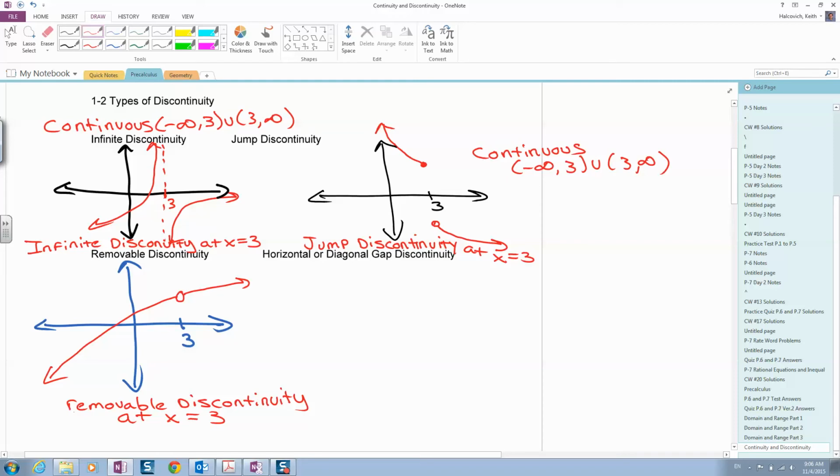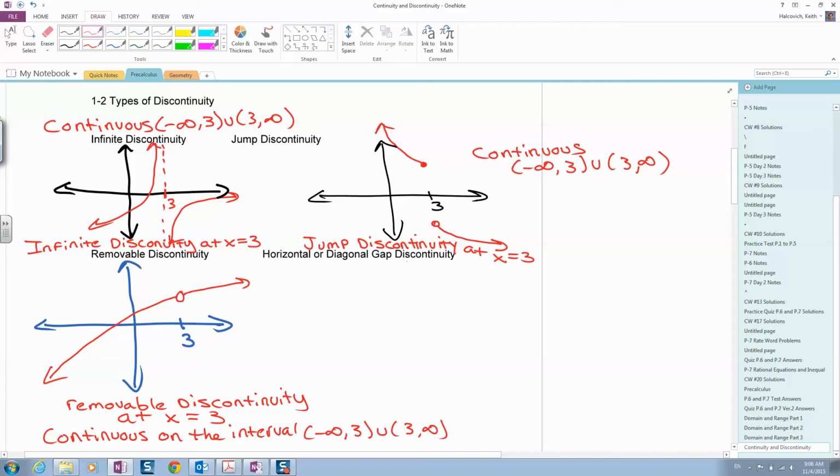It is continuous on the interval from -infinity to 3 and 3 to infinity. But notice it's removable because there's this one little hole. That's it. The rest is just continuous.